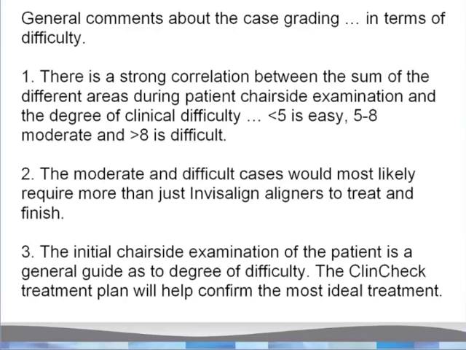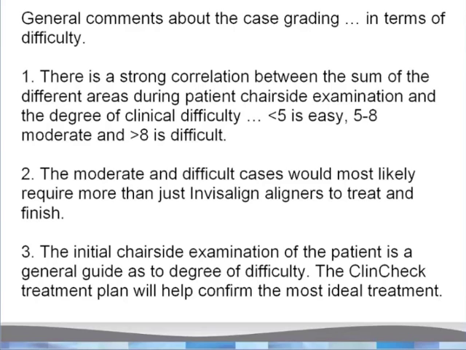So when we look at three basic areas, let's talk a little bit about how we can actually correlate these templates with your initial data, your initial examination. What we're going to do is at your initial examination, you're going to go through and actually determine the degree of difficulty by checking off the green, yellow, and red circles.